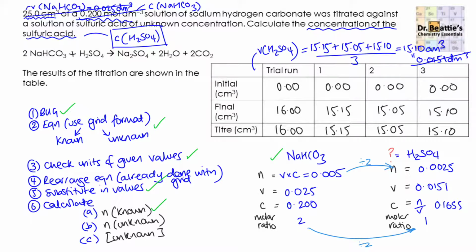But of course, if we look at our actual calculation here, the values we're given, some are given to a higher number of significant figures. For example, we've got 4 significant figures here, 4 significant figures here, but our lowest is 3 significant figures. So we need to convert this into appropriate significant figures, which is 0.166. So that's our answer in moles per decimetre cubed.